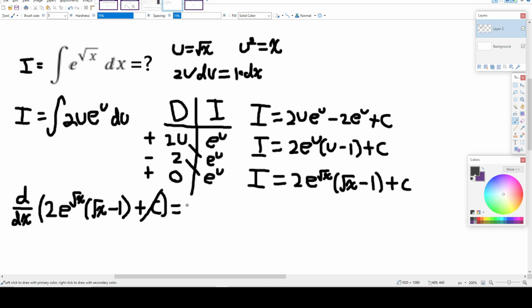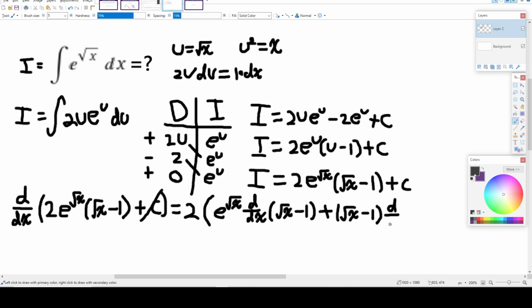So this ends up being 2 times e to the square root x power times the derivative of (square root of x minus 1), plus (square root of x minus 1) times the derivative of e to the square root x.